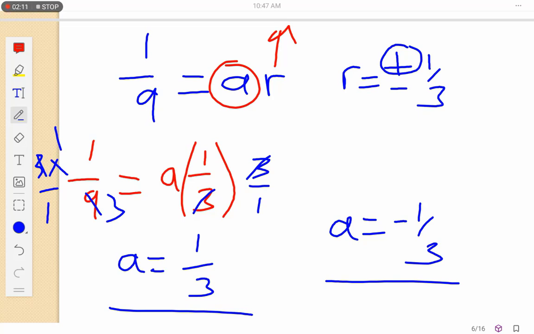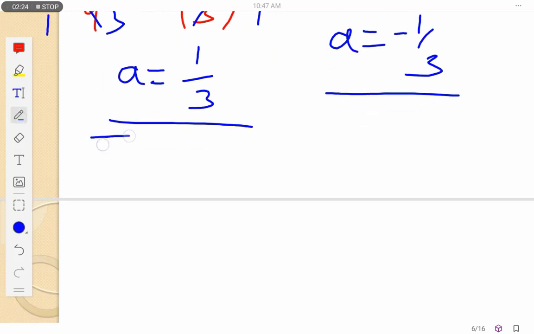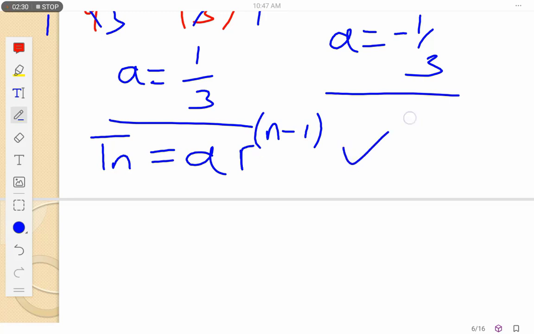Now, to get the sequence, we are going to use our nth term equation, which is Tn is equal to a times r to the power of n minus 1. This will help us to write the equation and find T1, T2, T3.